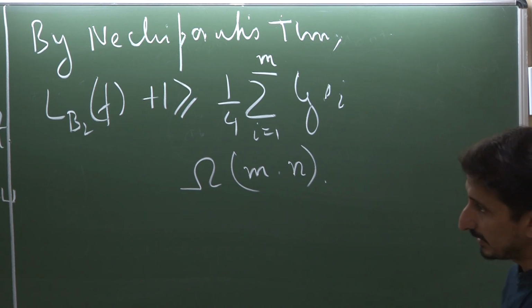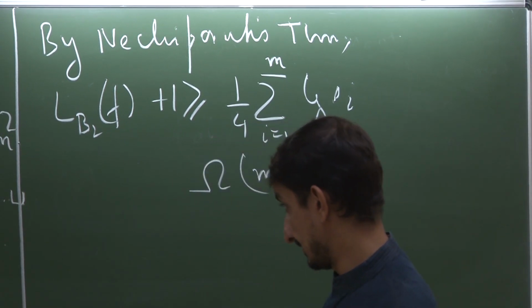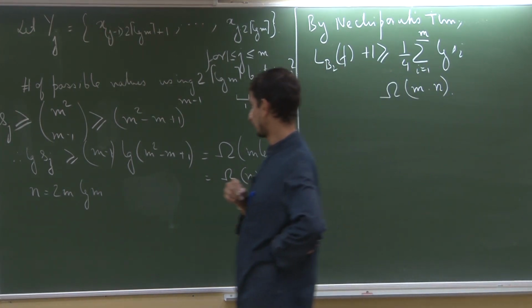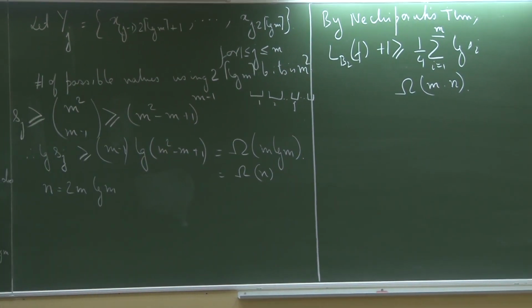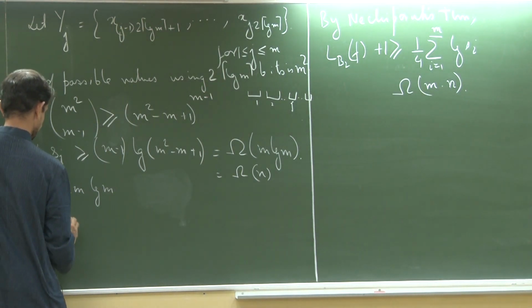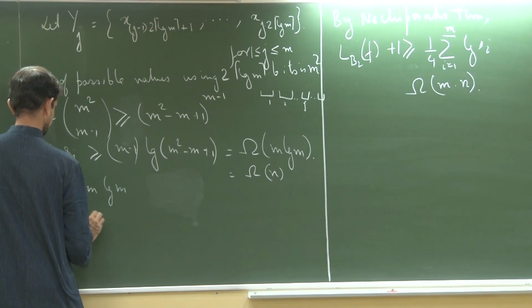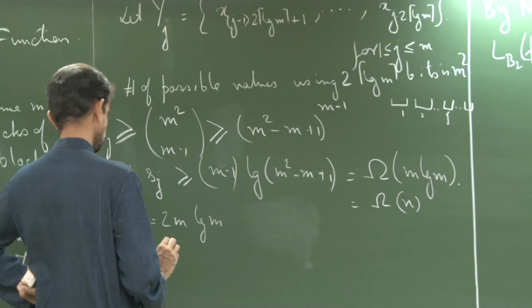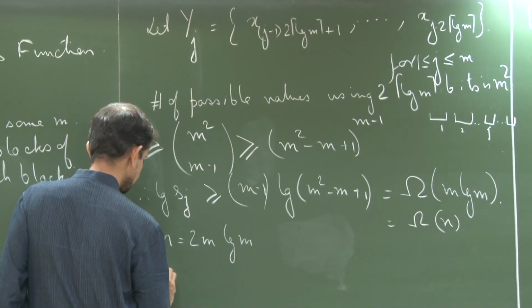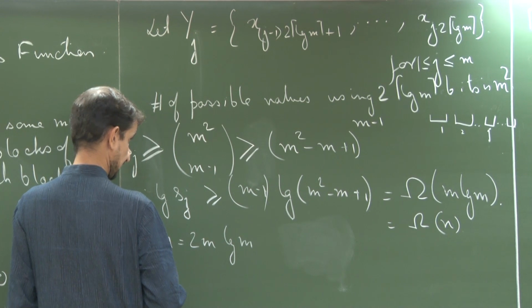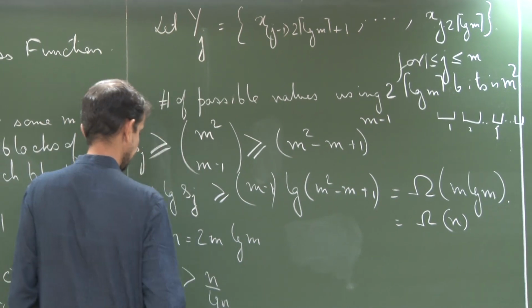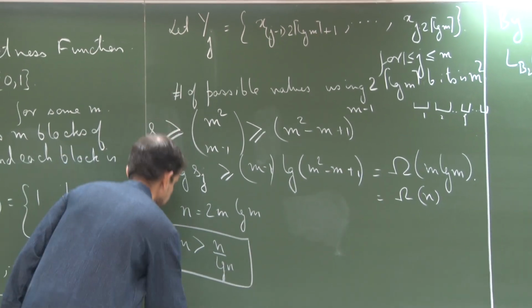So how can I write m in terms of n? Essentially, what we will show is that m is greater than n by log n. This is what we want to show.